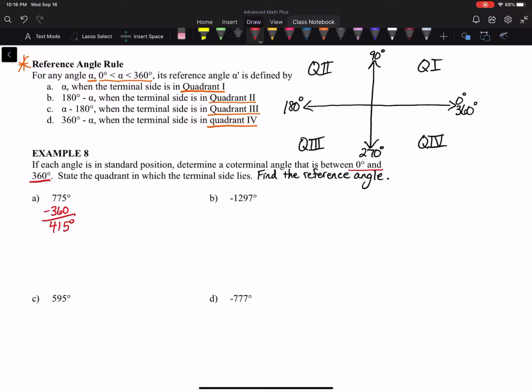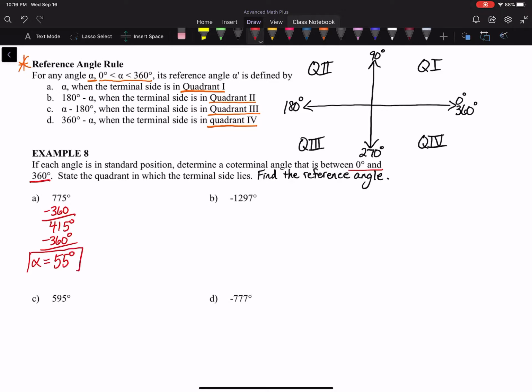And hopefully you say no. So we just subtract 360 degrees again. No big deal. 415 minus 360 is 55 degrees. So that is your alpha.